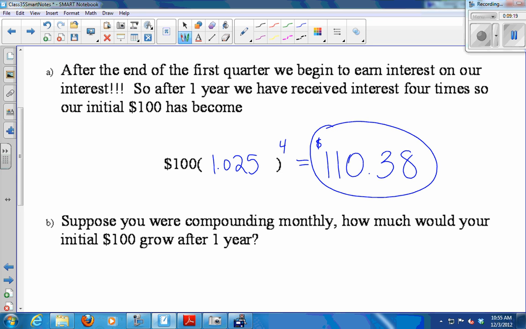So by compounding 4 times per year, I get $110.38, a little bit more than if I compounded twice per year, which was $110.25.